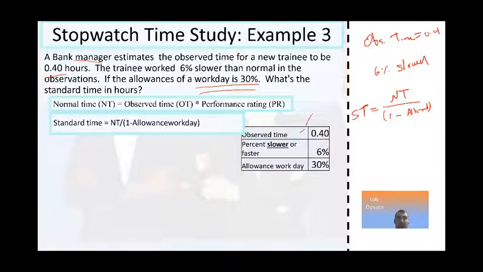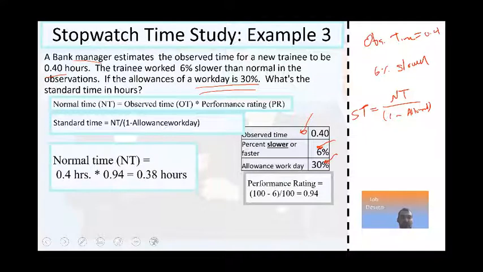So we know the observed time. We know that the worker is working 6% slower, and we know that the allowance is 30%. So the performance rating, because the worker works 6% slower, works out to be 0.94. We go 100 minus 6 to give us 94%, but we need the rating to be a ratio, so we divide by 100, so 0.94.